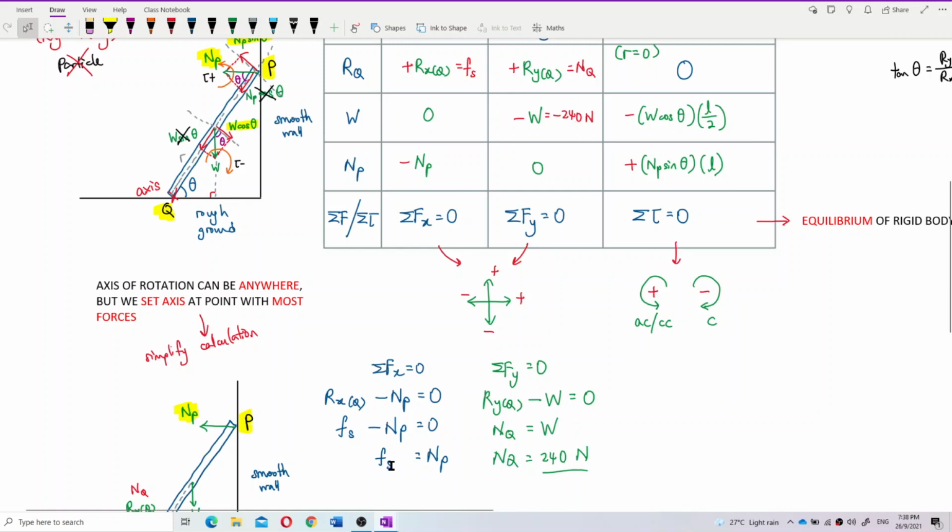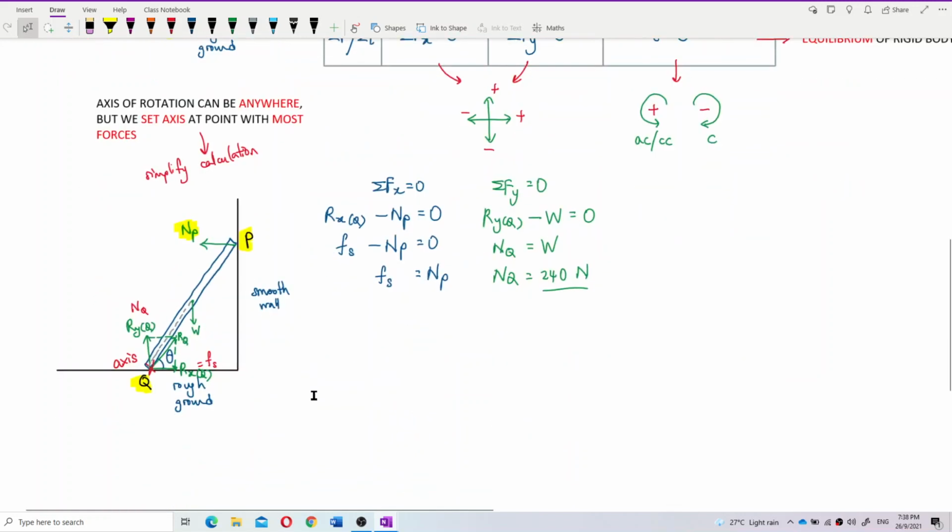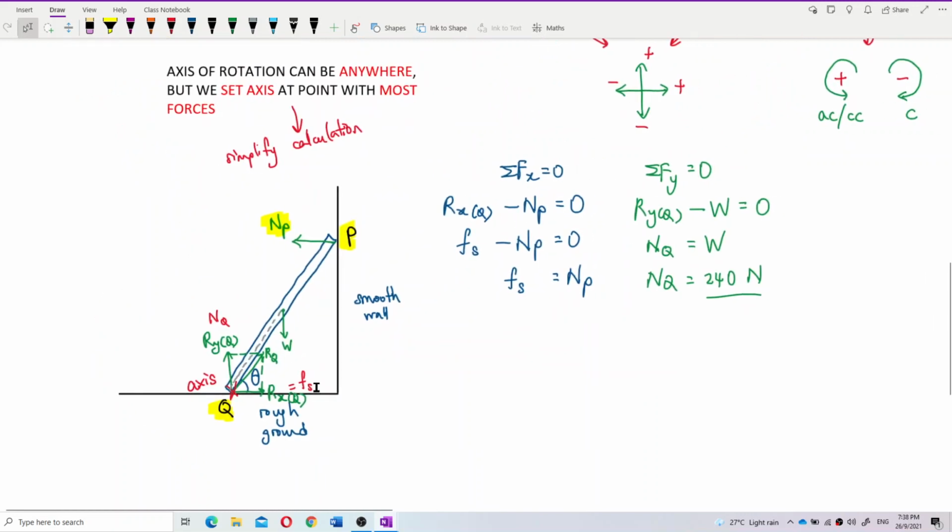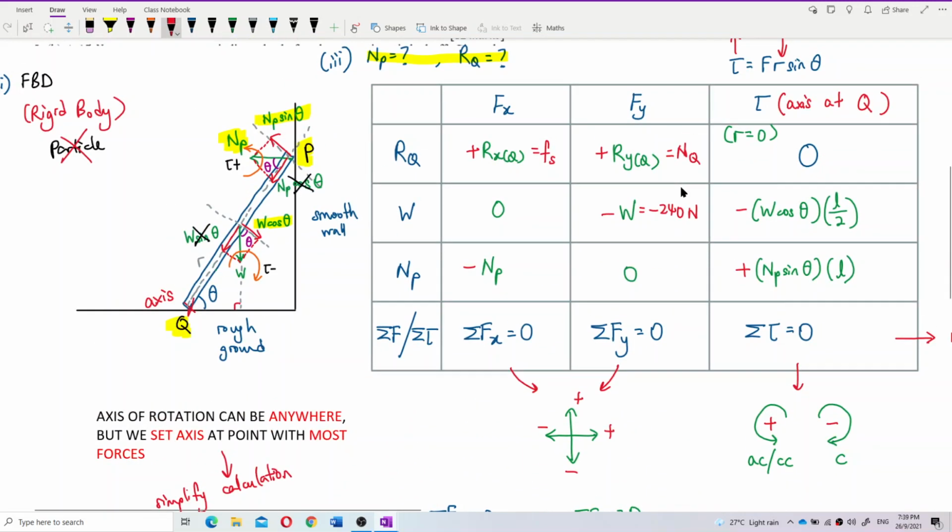And then the friction here. The friction here is actually the friction on Q. The Rxq is actually friction on Q. Just label this as friction on Q. It's better, more complete.